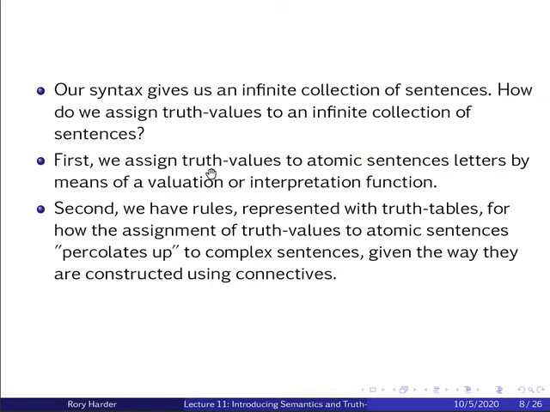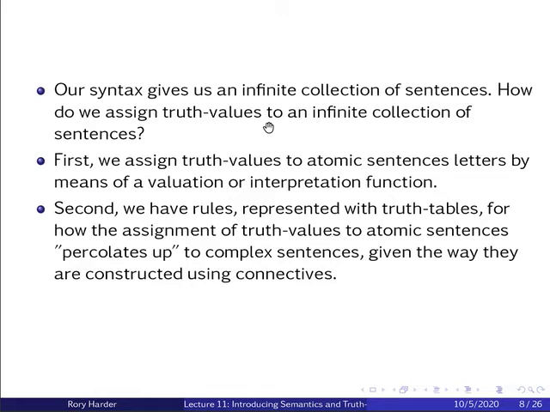Given that in our formal syntax we have an infinite collection of sentences, we need to figure out how we can assign truth values to this infinite collection of sentences. And the way we do that is as follows. First, we assign truth values to atomic sentence letters, by means of an evaluation or interpretation function. So what this first step means is that we take the atomic sentence letters of our language, for instance A, B, and C, and we're allowed to stipulate that these atomic sentence letters have a certain truth value, either the true or false.